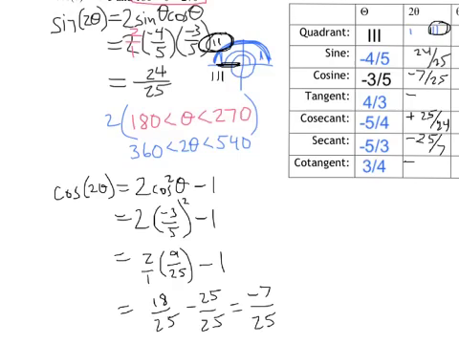And the tangent values we can find in 2 different ways. We could pull out the tangent of 2 theta formula and calculate it. However, at this point, the fastest thing to do is probably just to divide sine and cosine by each other like we did last time. When we divide 24/25 by 7/25, the 25ths cancel out.